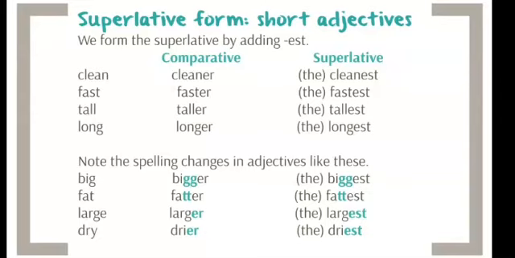Tenemos como ejemplo big, B-I-G. Consonant, vowel, consonant. Entonces agregamos otra G al adjetivo. Y siempre cuando es superlativo, antes del adjetivo agregamos la palabra the.